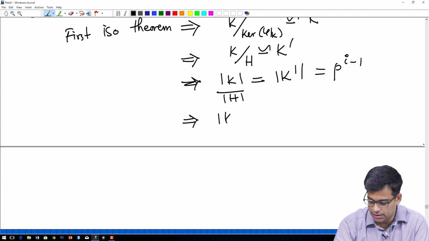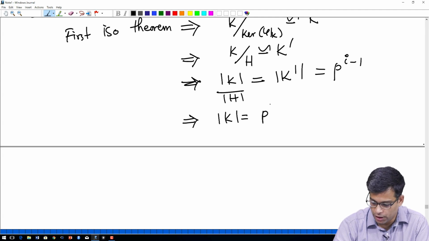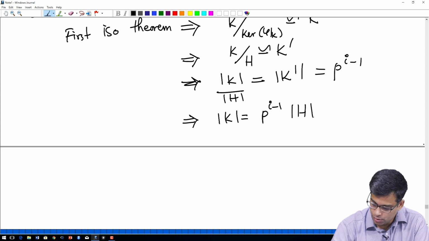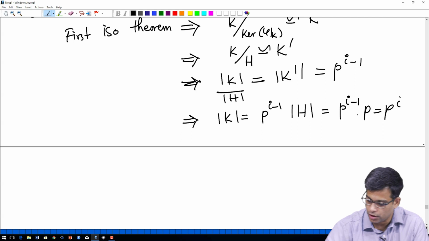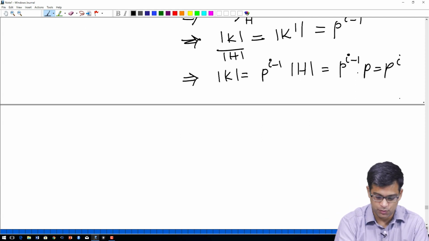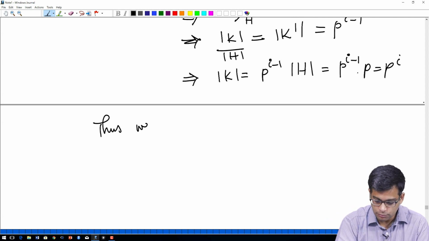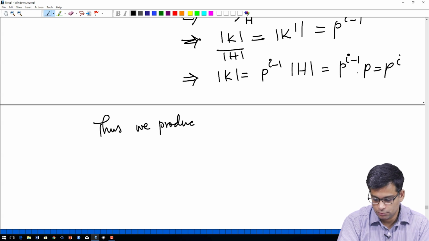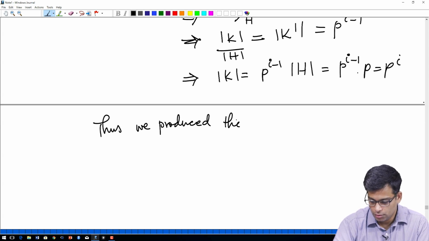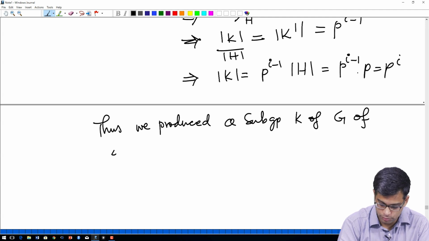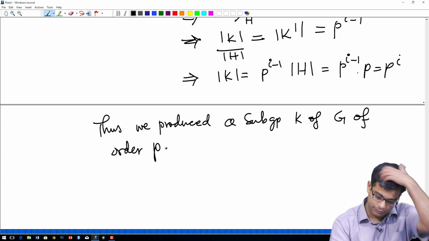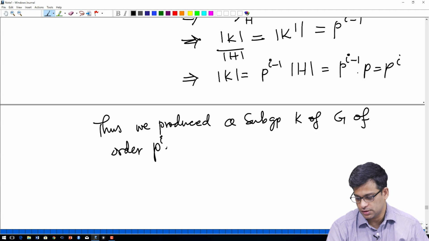So, the order of K is p power i minus 1 times the order of H, but the order of H is p. Thus we have produced a subgroup K of G of order p power i.